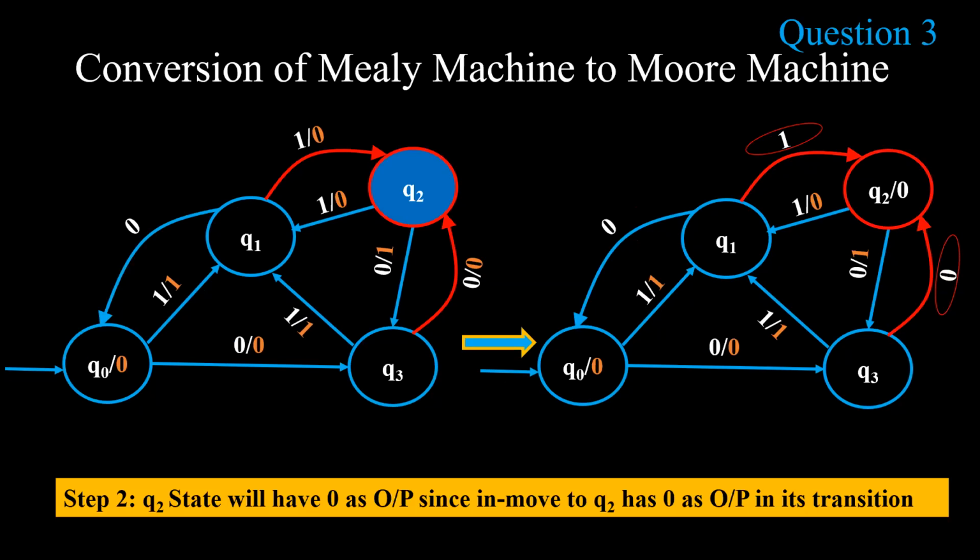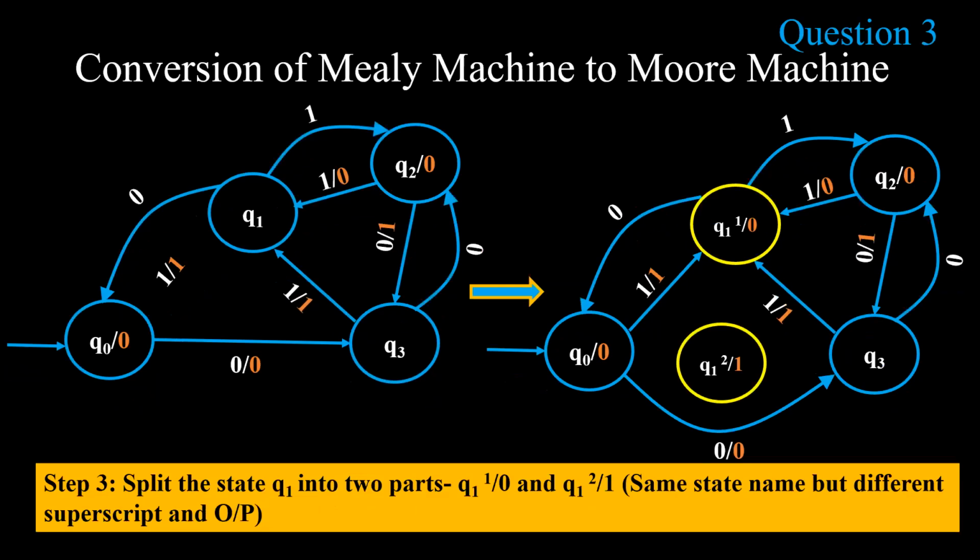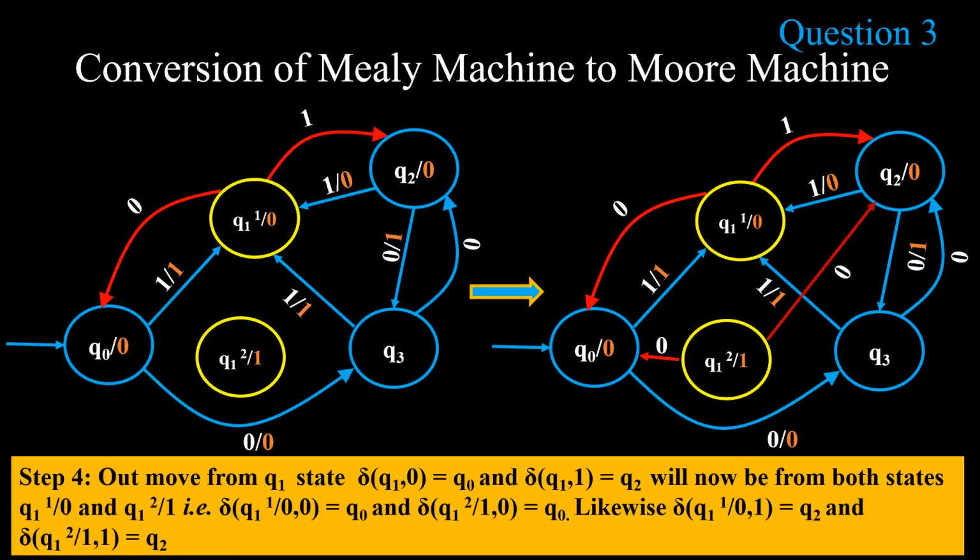Now we have to split Q1 as well as Q3. Initially we will start with Q1. Again we will split it into two parts. Process remains the same. First step is split them. Second step is, once you have split them, take into consideration the outputs which were generated from the initial states.